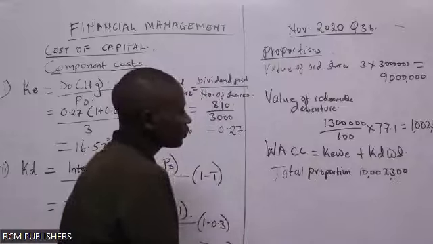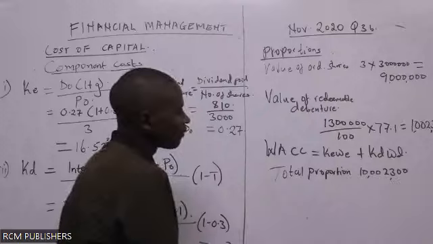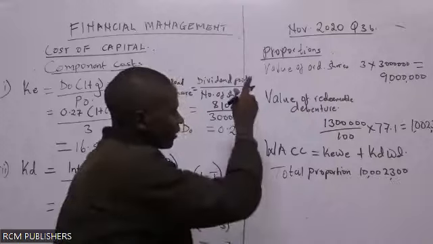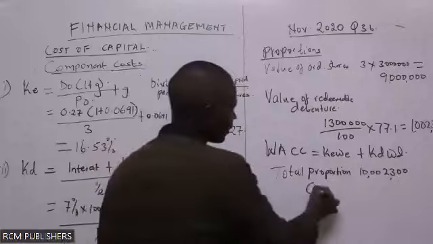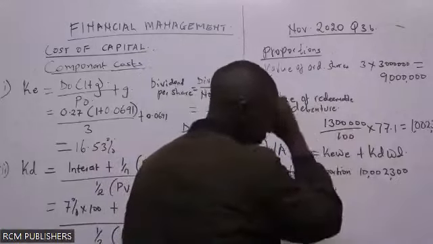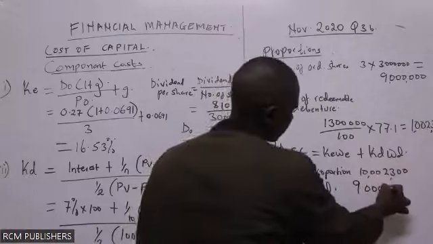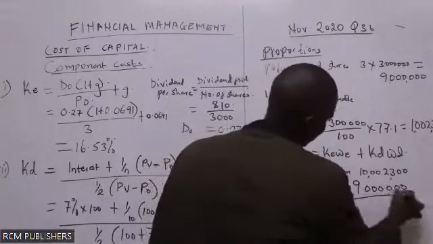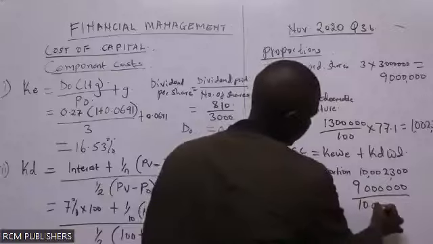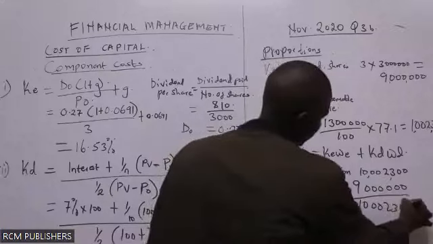So if I want to get the proportion of my ordinary share, ordinary share will be equal to 9 million divided by this total 10,023.